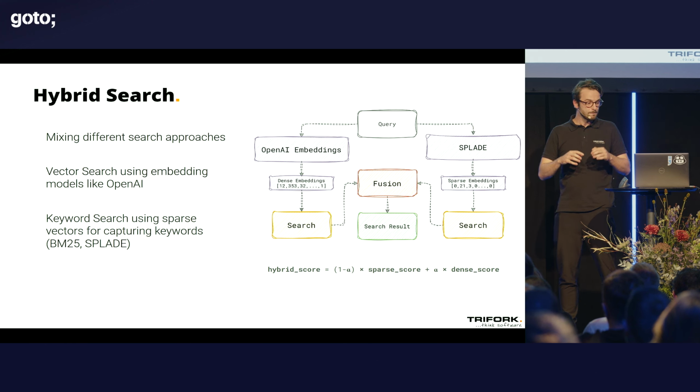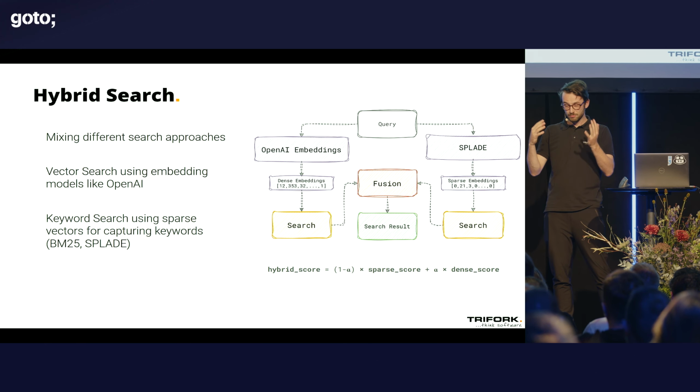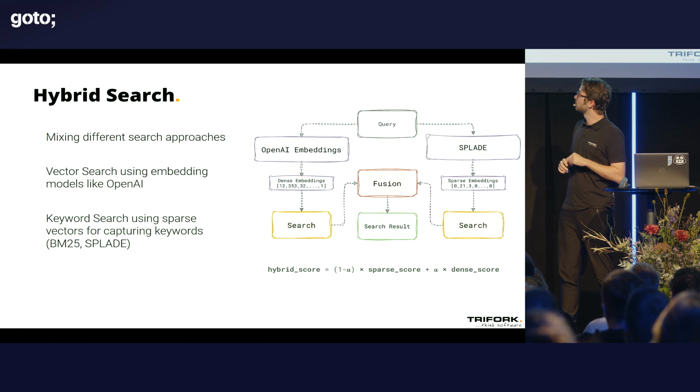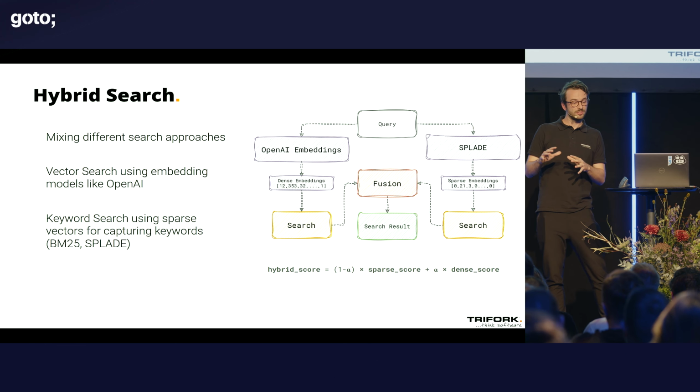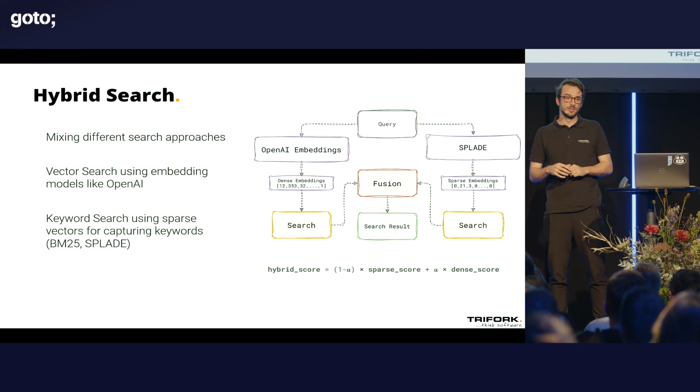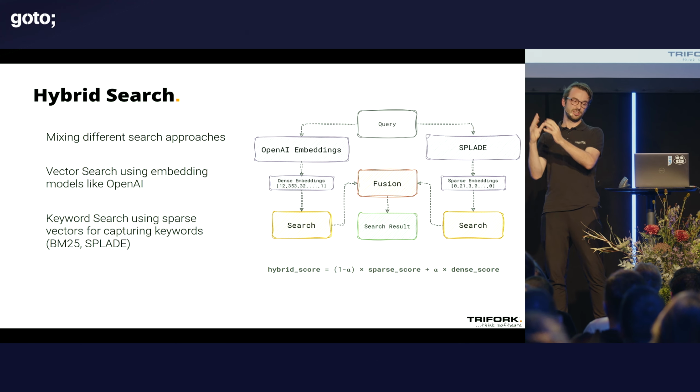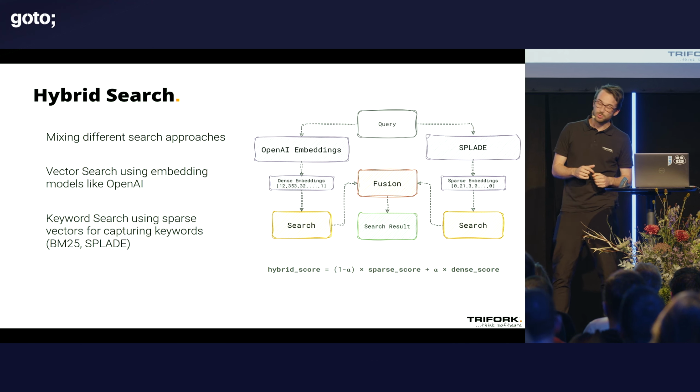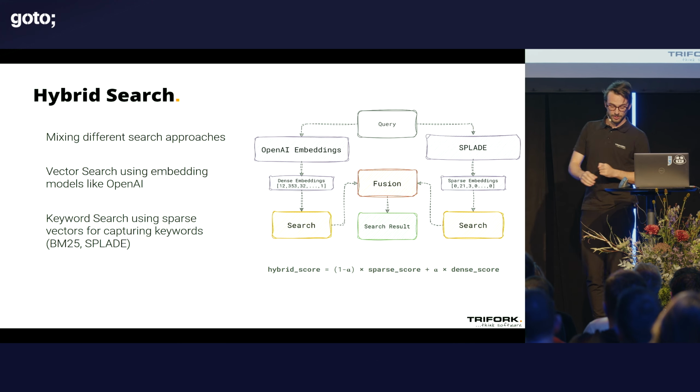The normal or baseline RAG uses vector search, where you use dense embeddings. And then I use something called keyword search using sparse embeddings, which are embeddings with more zeros, and usually these are good at capturing keywords or specific details of a text. And then we just compute a hybrid score.